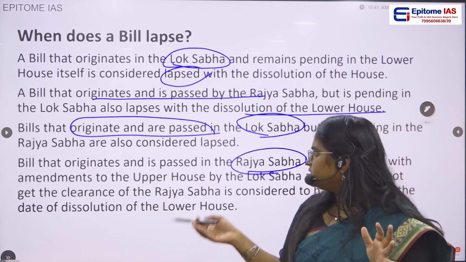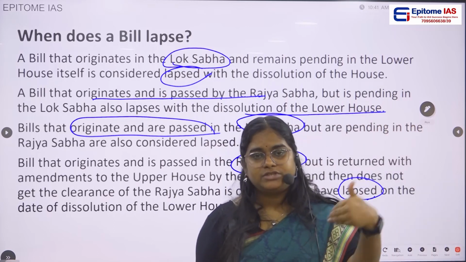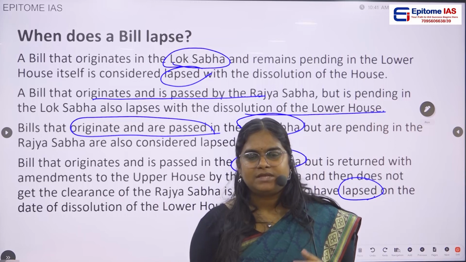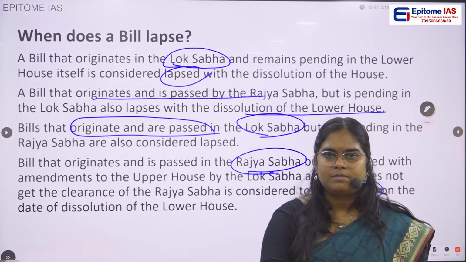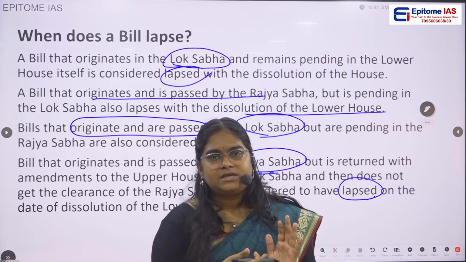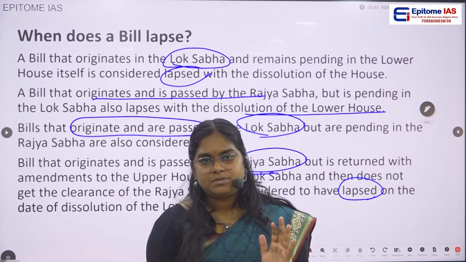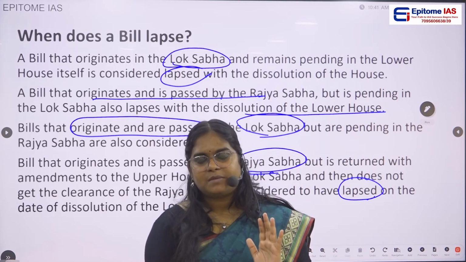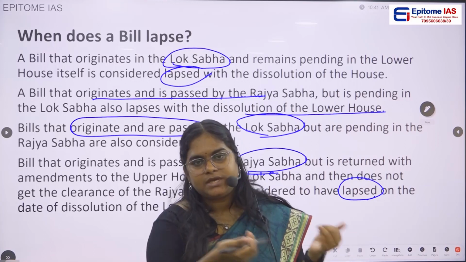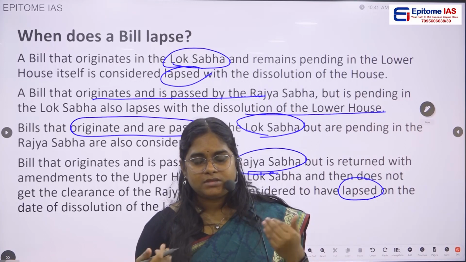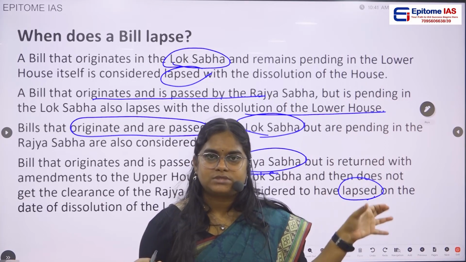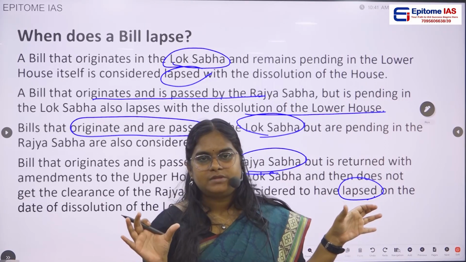Let's say there is a bill which originated from the Rajya Sabha, and after getting passed in Rajya Sabha, they transmit it to the Lok Sabha, but the Lok Sabha has given some amendments to the bill. Okay, it does not pass the bill. It has mentioned some amendments to the bill, so it goes to the Rajya Sabha again. Then in this case also, when the Lok Sabha gets dissolved, this bill will lapse.